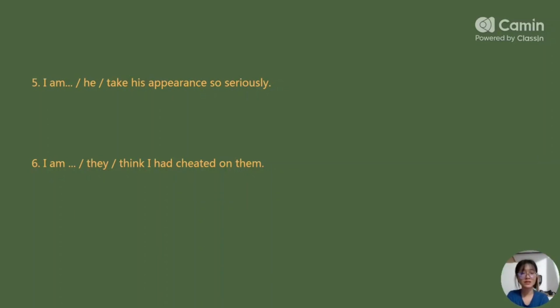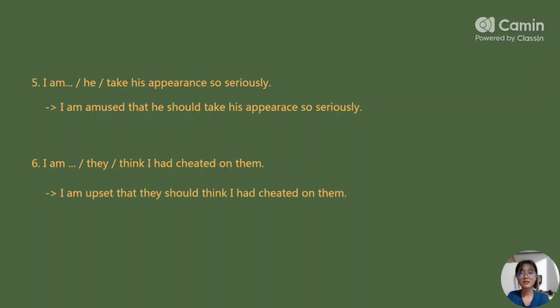In question 5, I choose "amused" because the situation is funny or entertaining. I'm amused that he should take his experience so seriously. In question 6, I choose "upset" because it shows sadness or disappointment. I'm upset that they should think I have cheated on them.